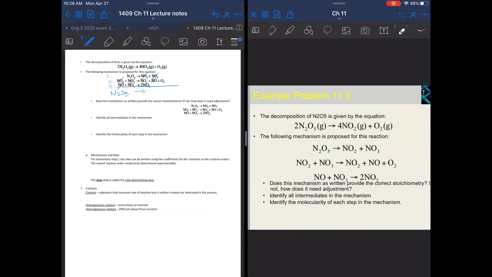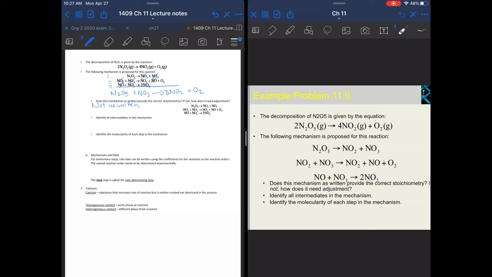One of my NOs will cancel out. And it looks like I am left with an NO3 on the starting material side. So I would still have NO3, and then on the product side, I would have 3 NO2s instead of 4, and O2. So not quite, not as written, but we could adjust it.